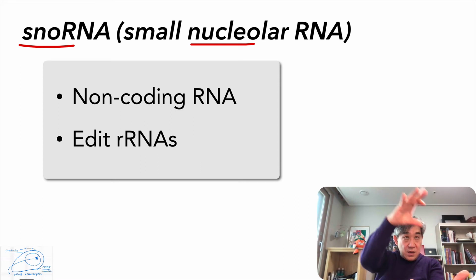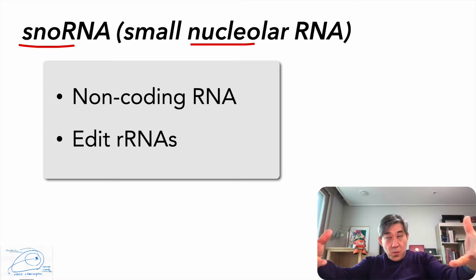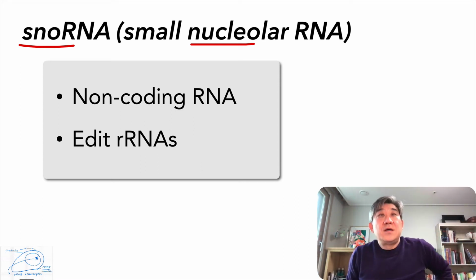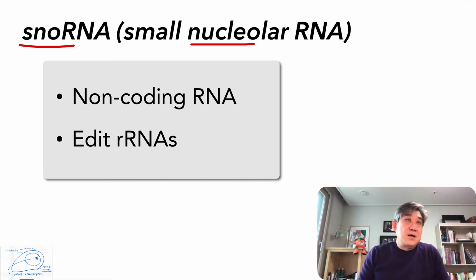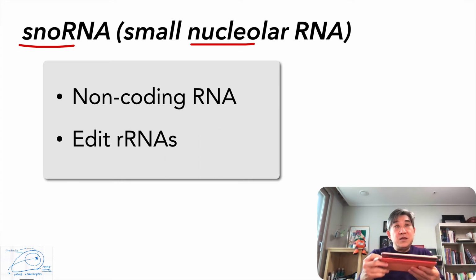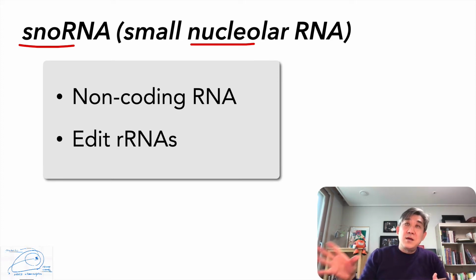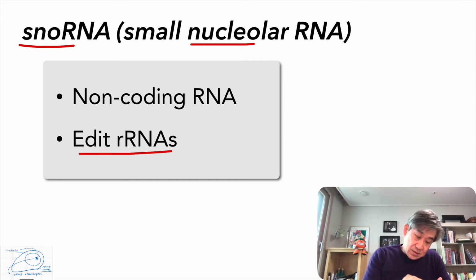Then they combine to start off protein synthesis. That's why this snoRNA is called the small nucleolar RNA, because its function is ribosomal RNA processing. And where can you find this ribosomal RNA? Just the nucleolus.